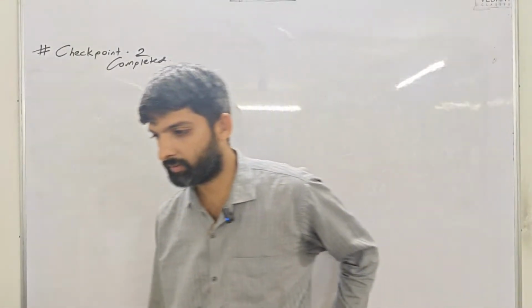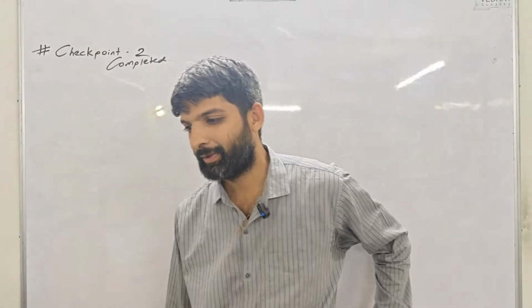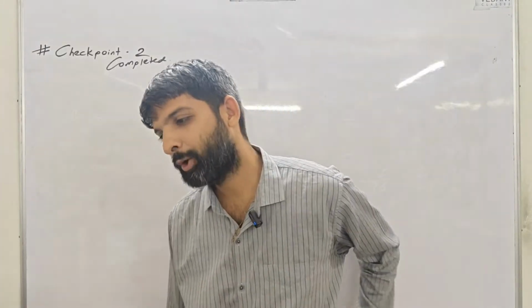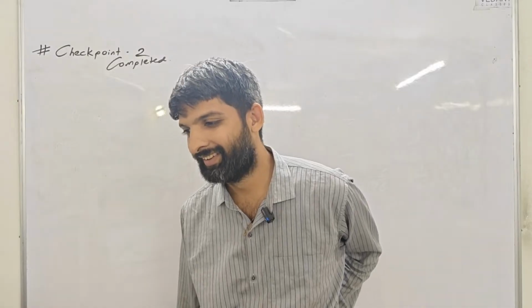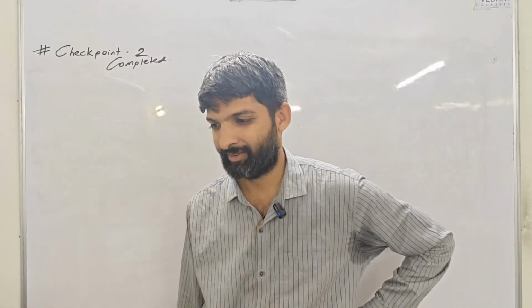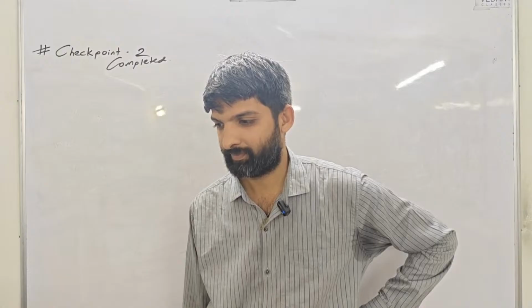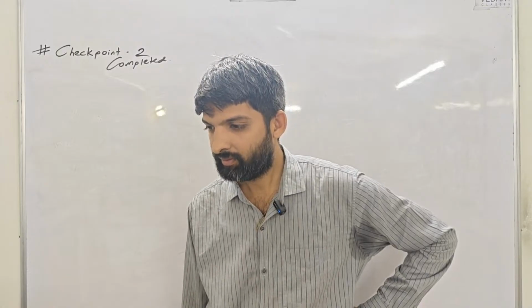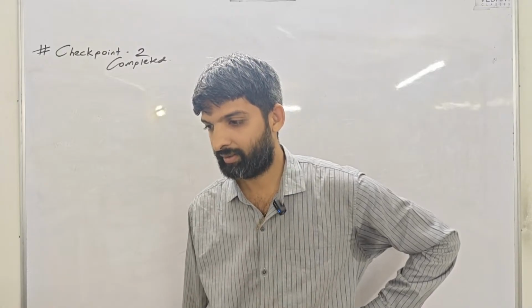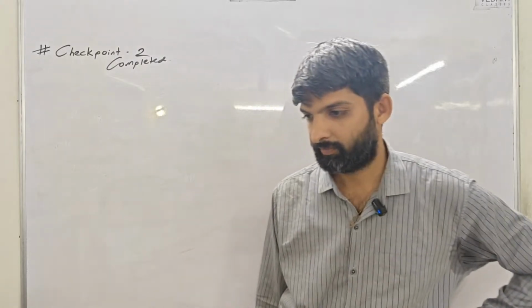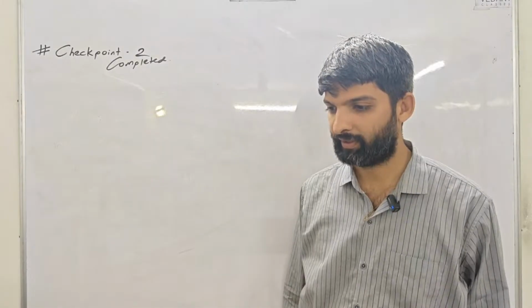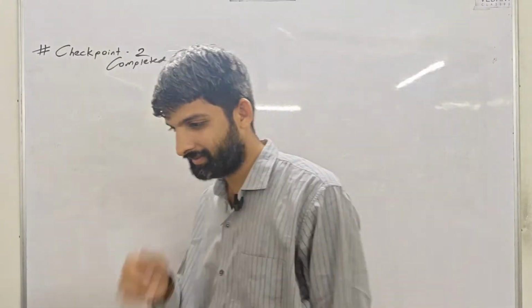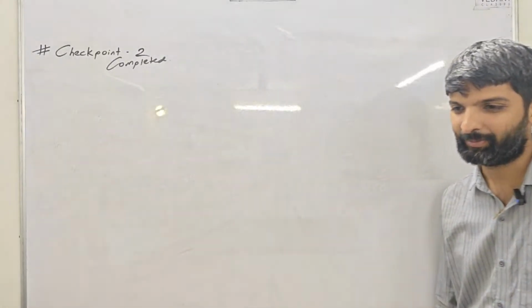Okay, 8 out of 10 in checkpoint 2. 20 on 20. 19.5. Fractional you are marking. How did you get that half 0.5? वो कहाँ से आया? बढ़िया है.